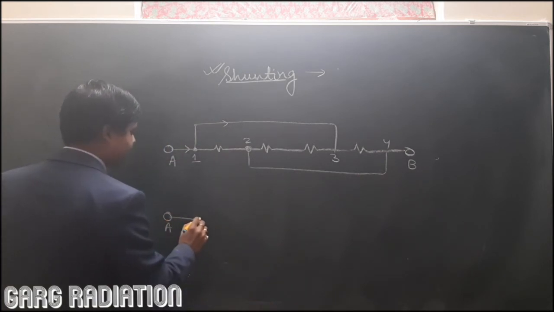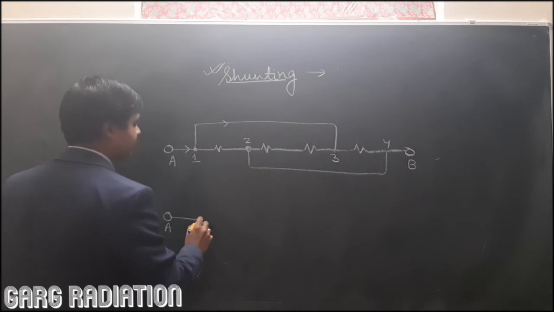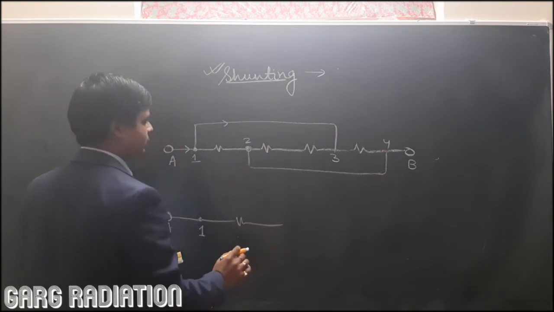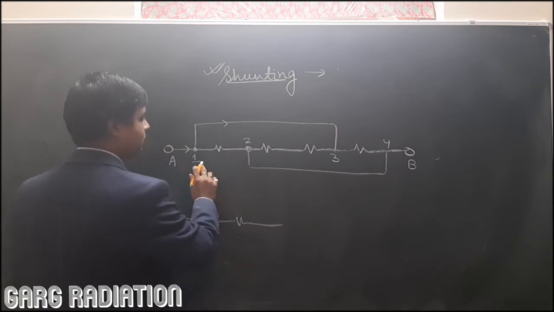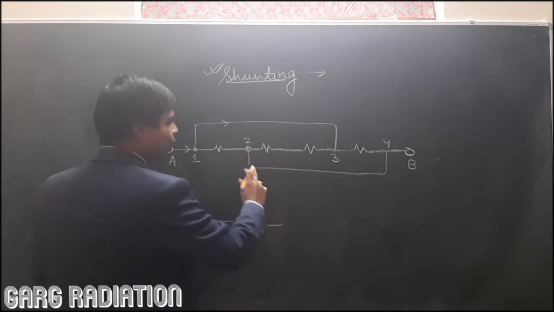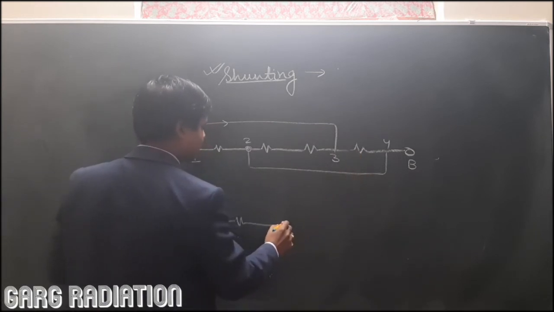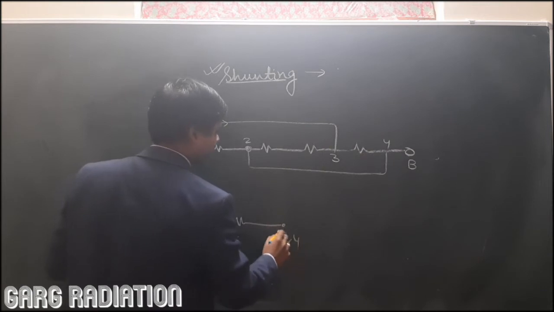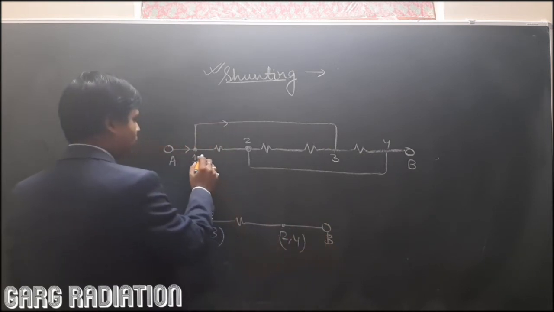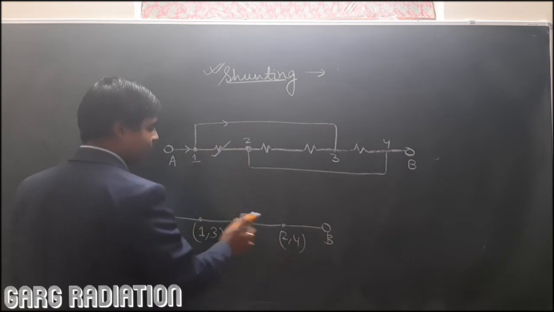A, 1, then we have a resistance, or should I write 1 and 3, 1 and 3 together, yes or no? And then 2 and 4 together, you see, 2 and 4 together, and then we have B. So this resistance we have drawn between 1 and 2.